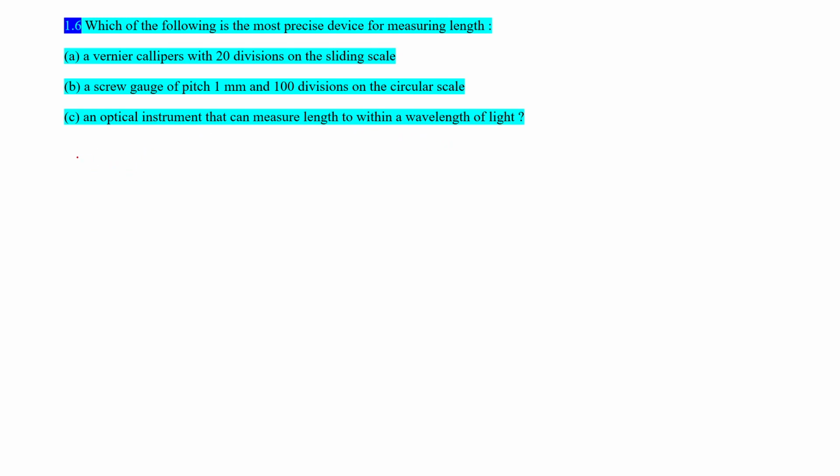So we will go to option A first. The least count of a vernier is one main scale division divided by the number of divisions on the vernier or sliding scale. One main scale division is 1 millimeter, and there are 20 divisions on the vernier.